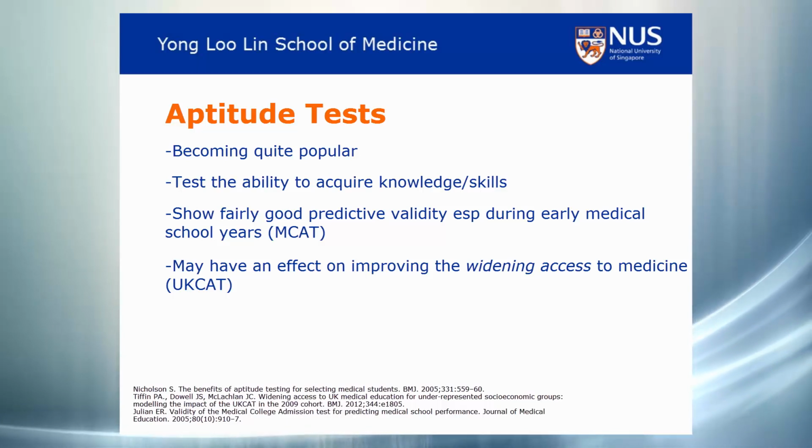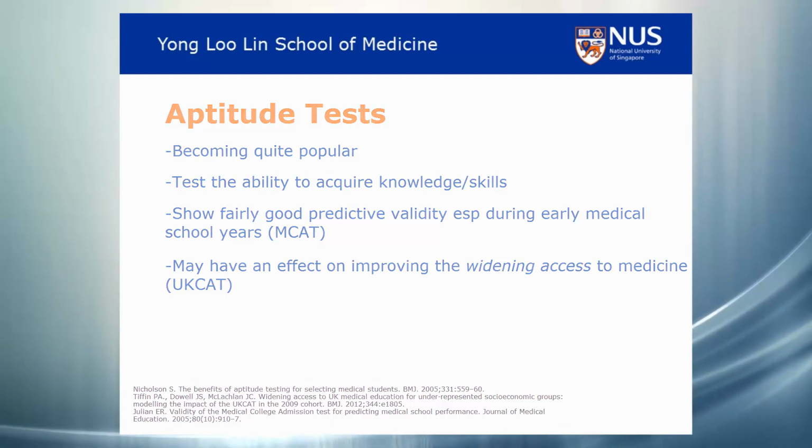So again, aptitude tests are widely used now and are becoming quite popular. They show some good predictive validity, again during the early medical school years, as well as as the students mature into their clinical years. The really important part is that it looks at the acquired knowledge, the ability of the candidate to acquire knowledge and skill sets in that particular area.